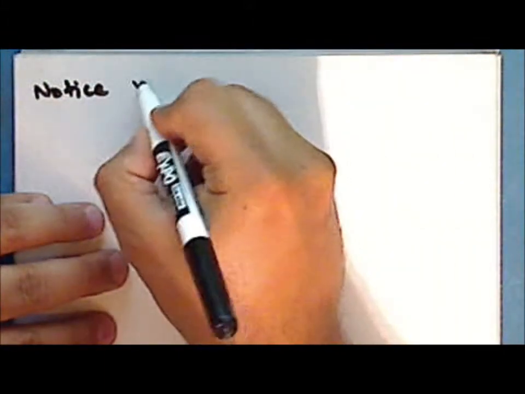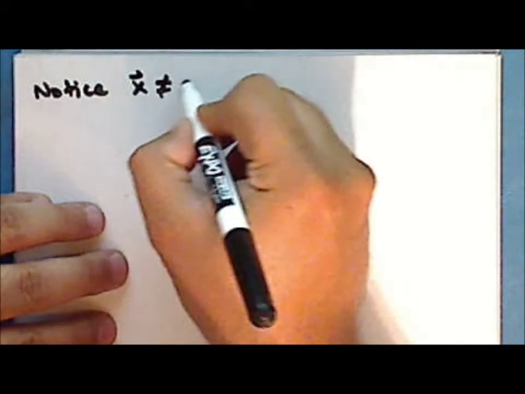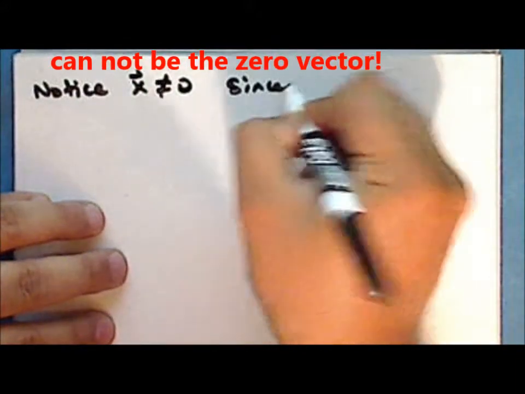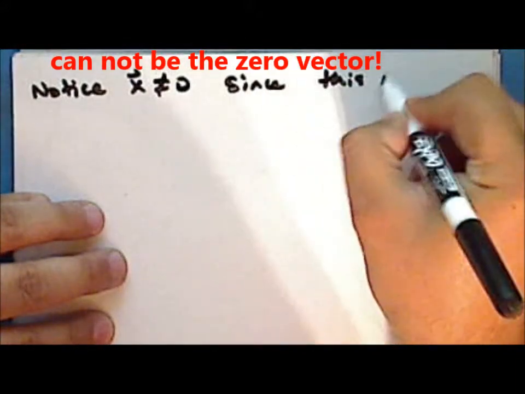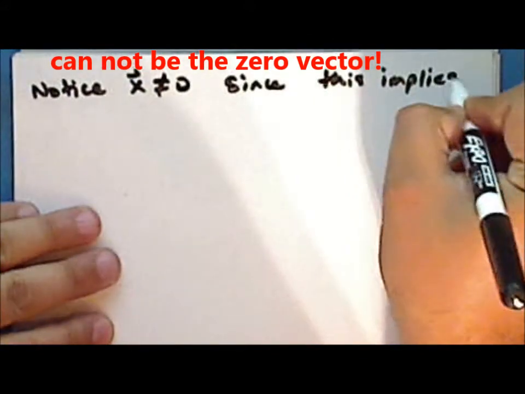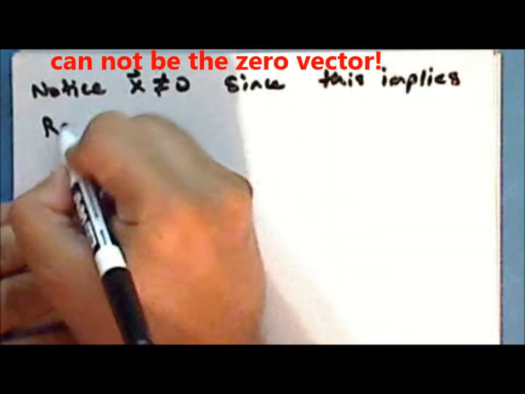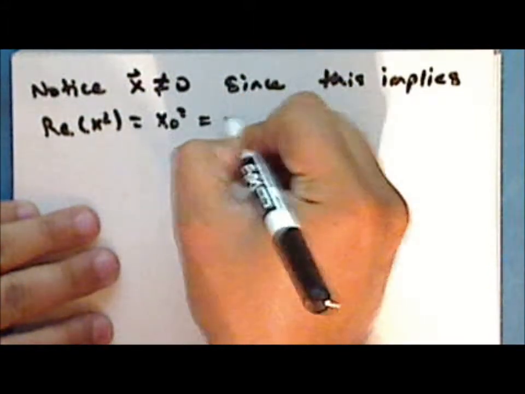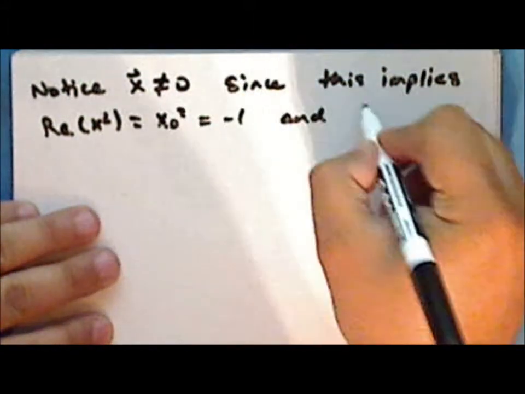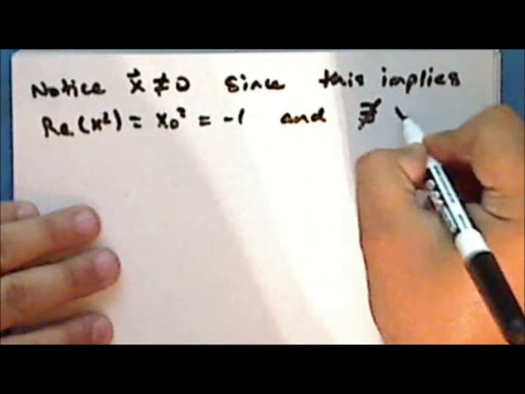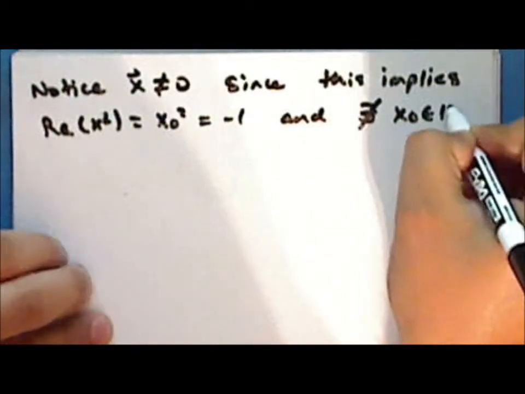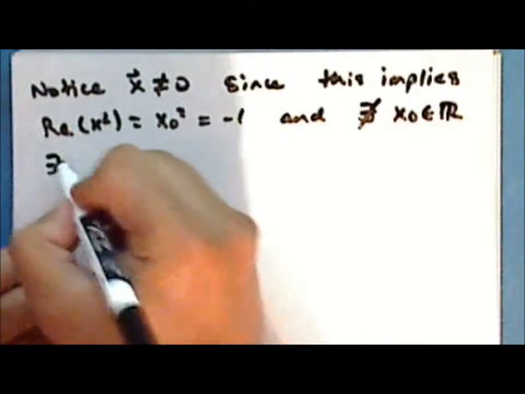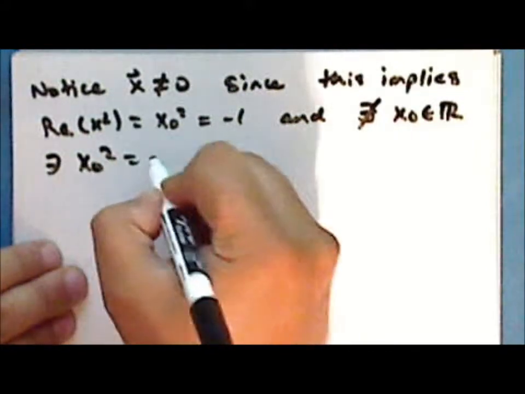Now notice that the three-dimensional vector x cannot be 0, since this implies that the real part of x squared is x sub naught squared, which is equal to -1, and there does not exist a real number x sub naught such that the square of that real number is equal to -1.